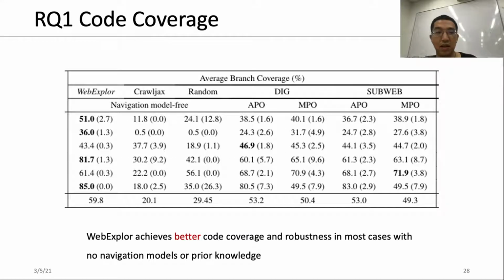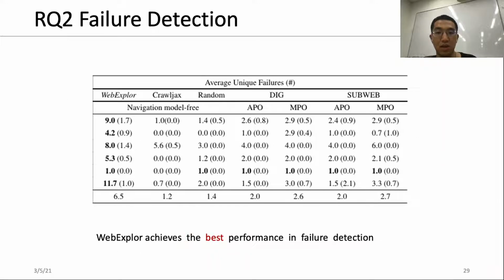We can find that WebExplor achieves better code coverage and robustness in most cases with no navigation models or domain knowledge. Besides, WebExplor achieves the best performance in failure detection.